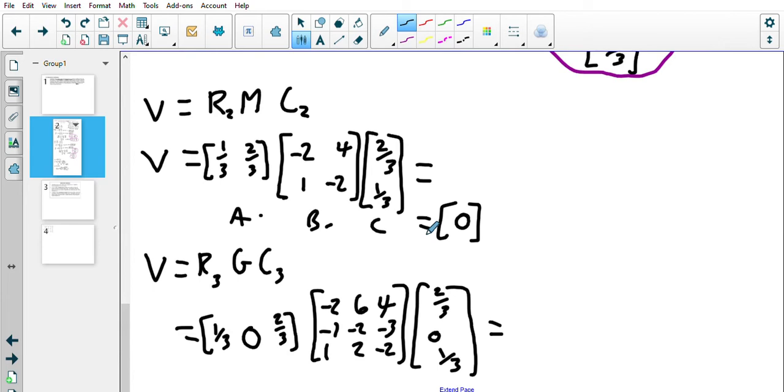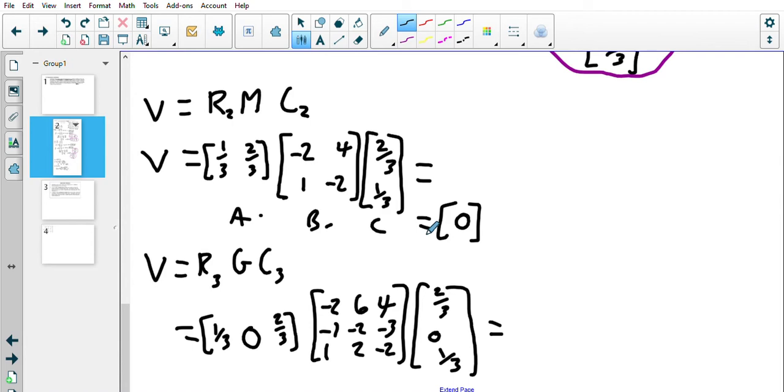So I'm going to change matrix A to be a 1x3 matrix with entries 1/3, 0, 2/3. And I'm going to change matrix B to be a 3x3 matrix with entries -2, 6, 4, -1, -2, -3, 1, 2, -2.